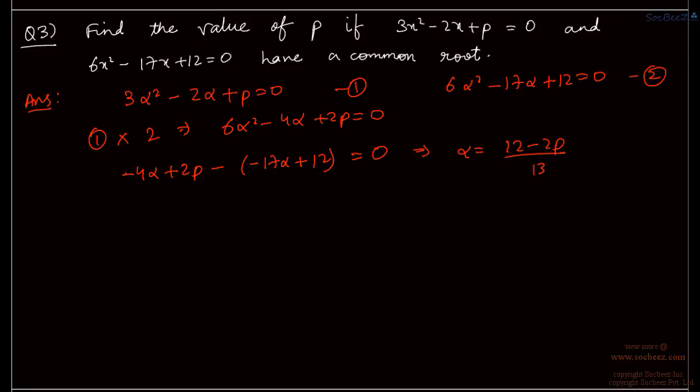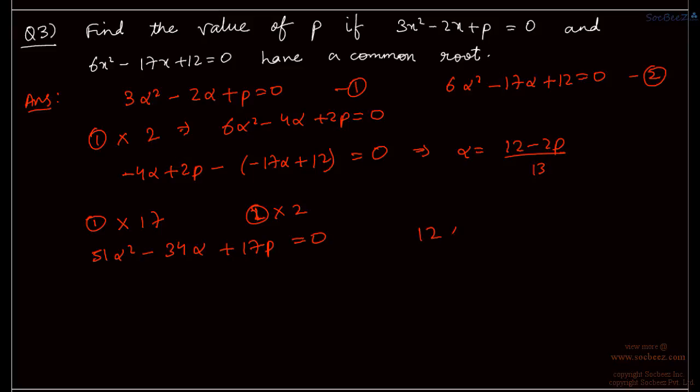Now let's eliminate alpha here. So in the second equation, now I have minus 2 here and minus 17 here, right? So I multiply the first with 17 and the second one with 2. So what do I have here? I have 51 alpha squared minus 34 alpha plus 17p equal to 0.